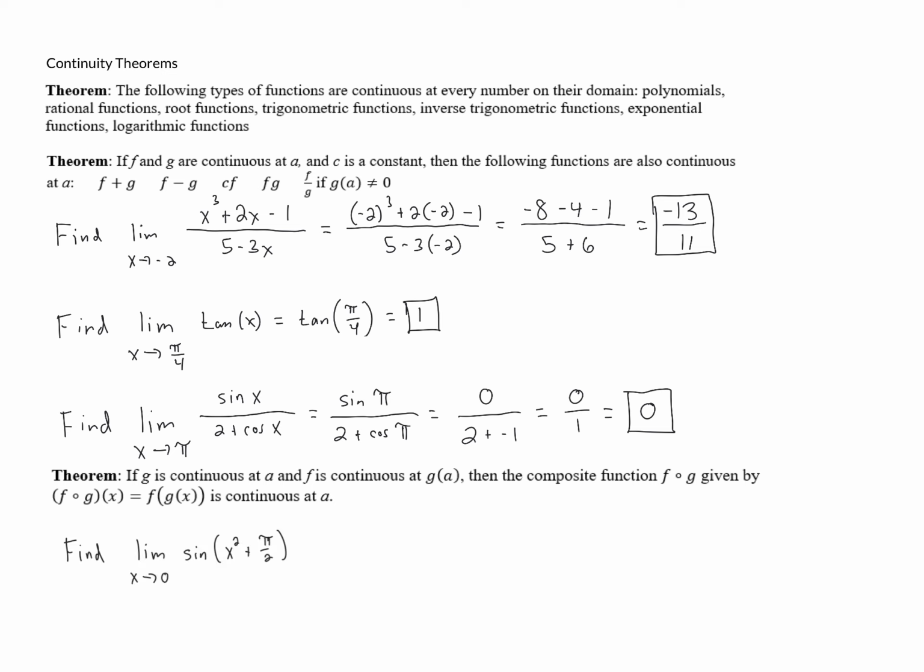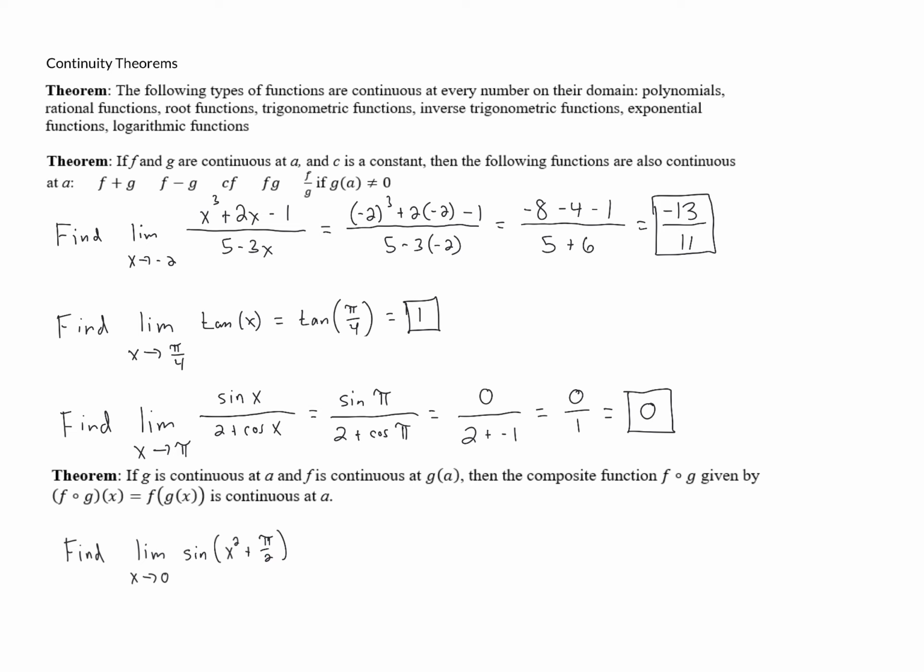Find the limit as x approaches 0 of sine of the quantity x squared plus pi halves. Now here, this is not a combination of functions covered by the previous theorem where we're adding two functions or subtracting them or taking the product or the quotient. Here we're taking the composition of functions, meaning we're taking a trigonometric function and evaluating it with an input of a polynomial function.